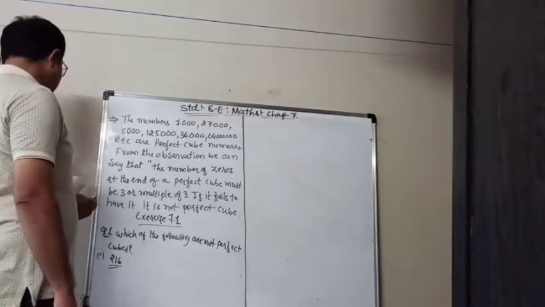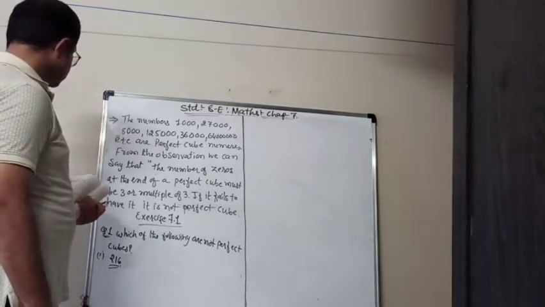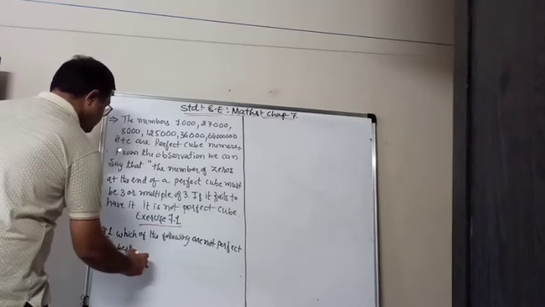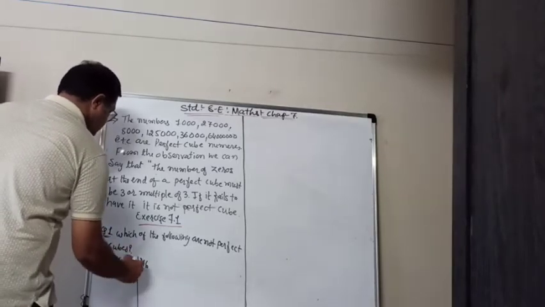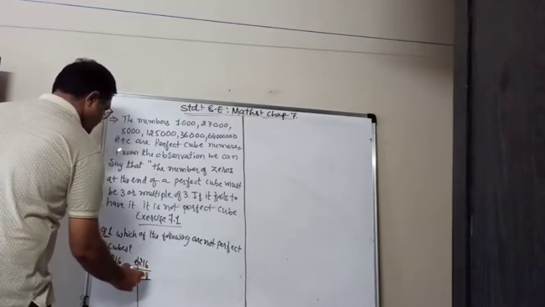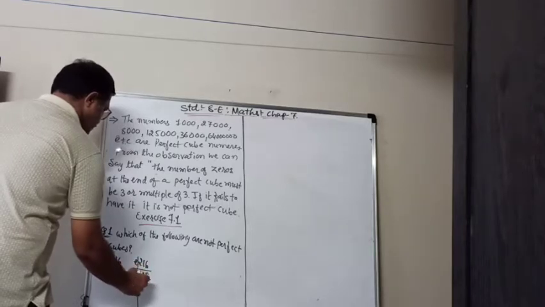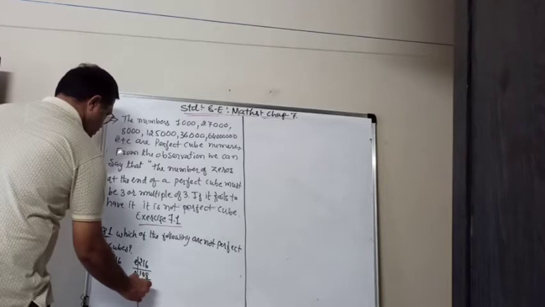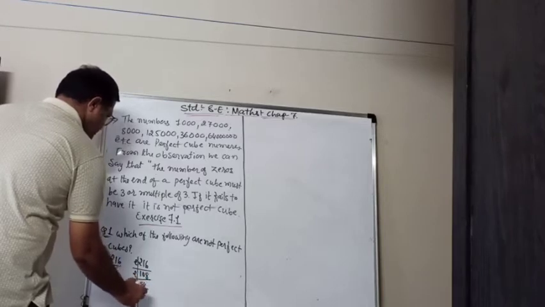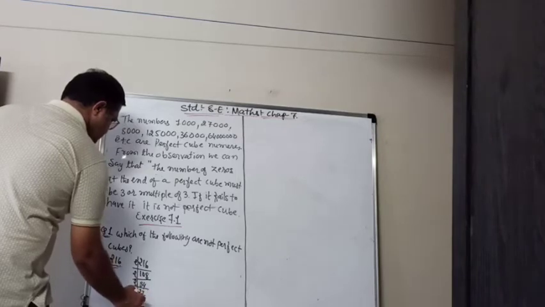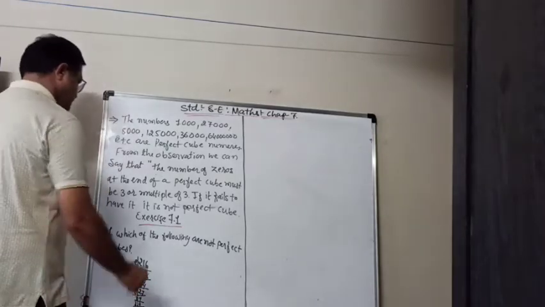So let's find out the prime factors of 216. 2 ones are 2, 2 eights are 16, 2 54s are 108, 27s are 3 nines are 3 threes are 9 and 3 ones are 3.